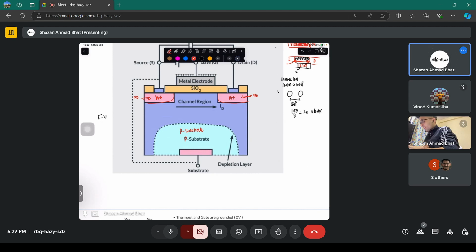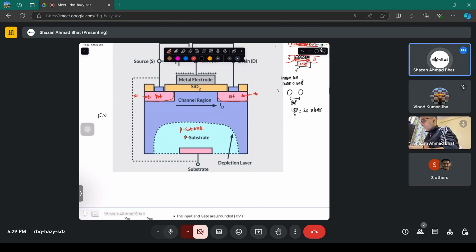What is going to happen is you now have p-n junctions formed. This is N, this is P. This is N, this is P. That means you have a p-n junction like this here. This is p-n junction 1, this is p-n junction 2.